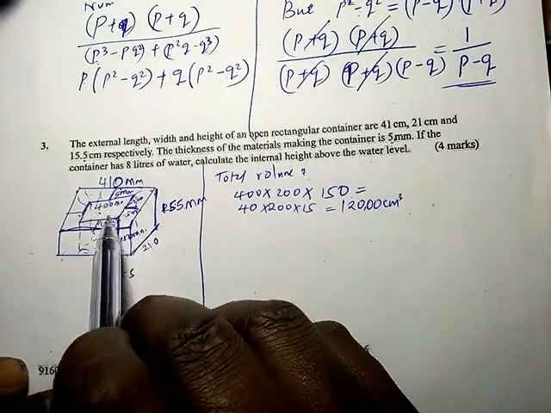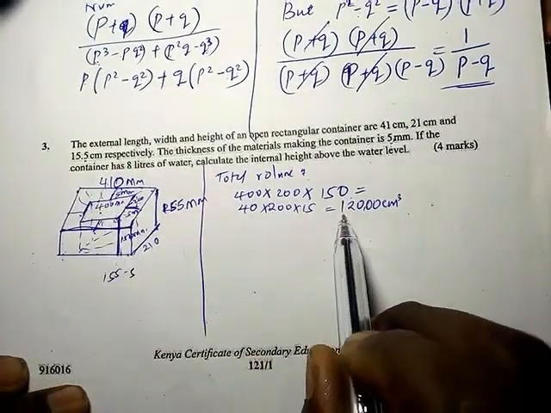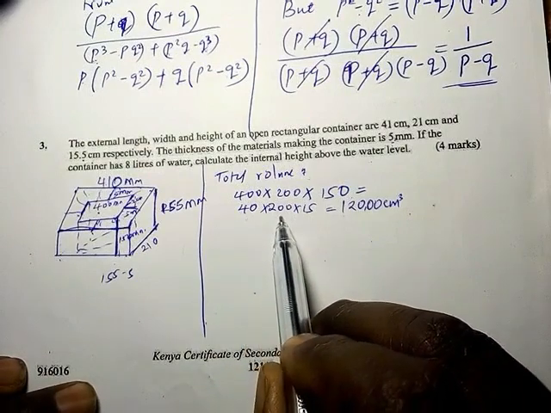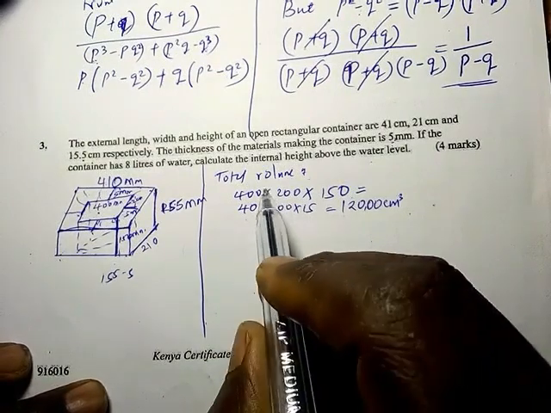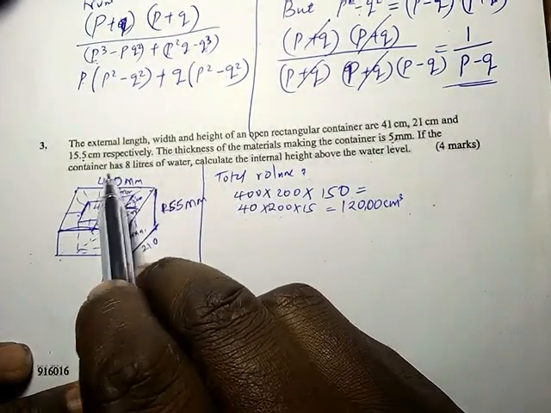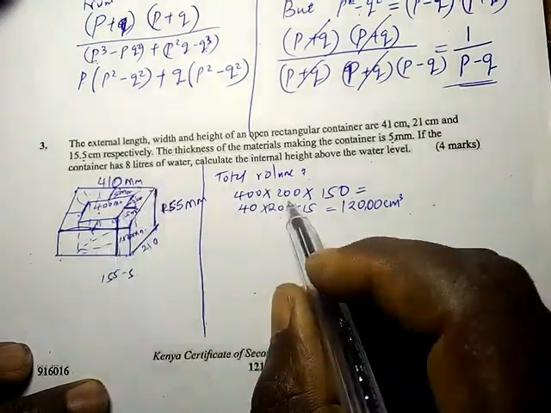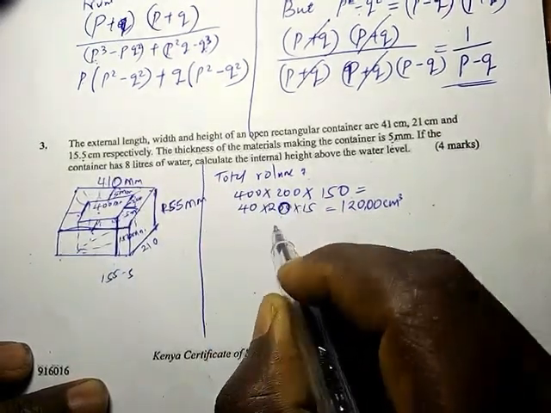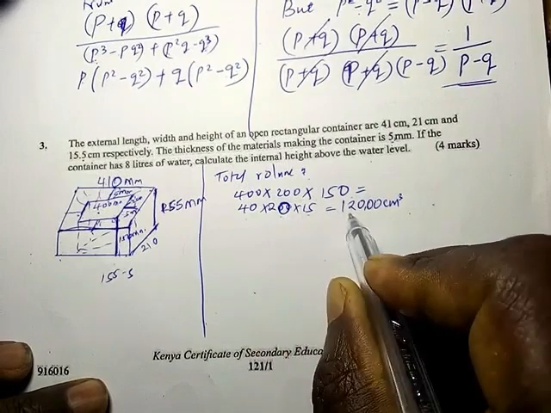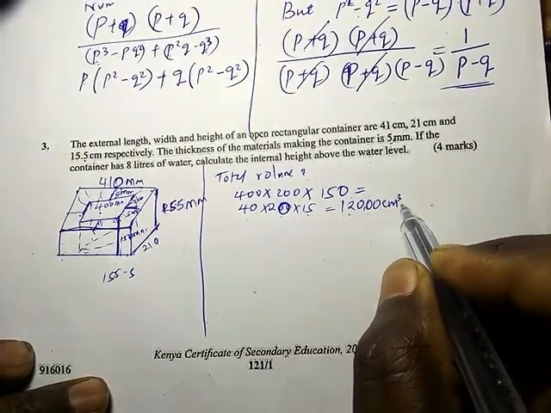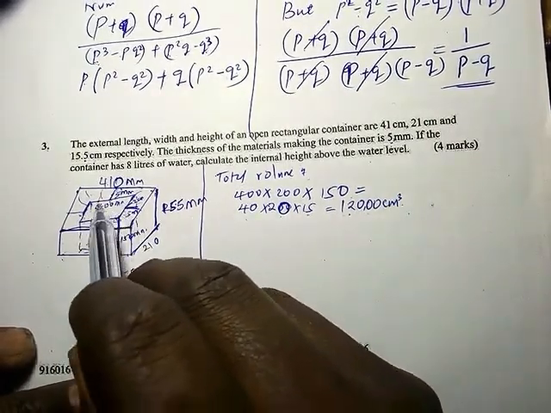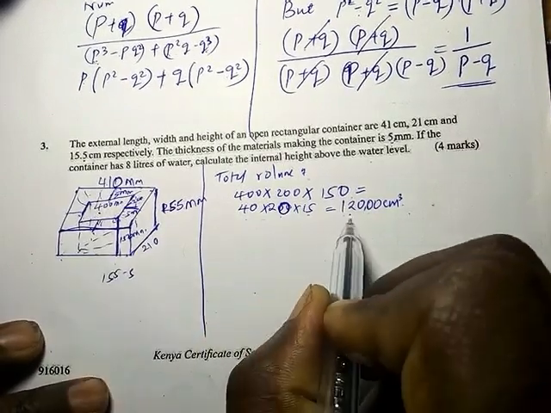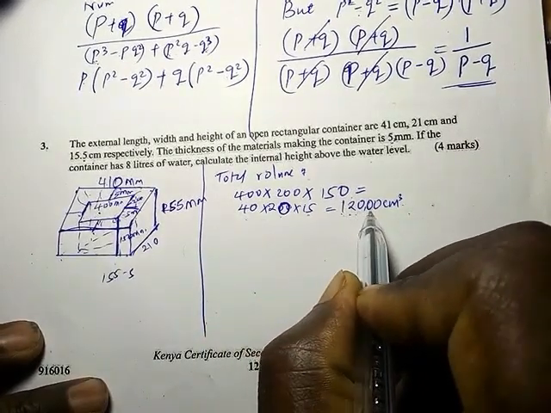So the volume of this will contain 40 times 200, it was 200, that is 20 now, 20 centimeters, times 15. This one will give us 12,000 centimeters cube. So maji yote yenye iko hapo kwa inajaa kwa hii container ni 12,000 centimeters cube.